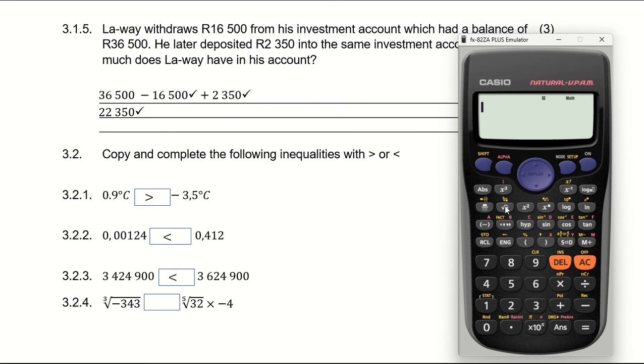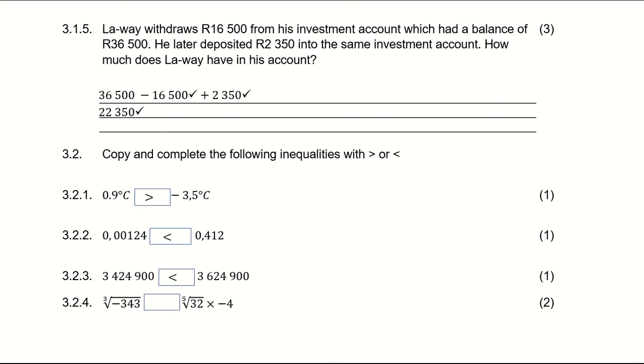What about the fifth root of 32 multiplied by negative 4, that will give us negative 8. So between negative 7 and negative 8, which one is greater? Negative 7 is greater than negative 8. So we are going to put the greater inequality.